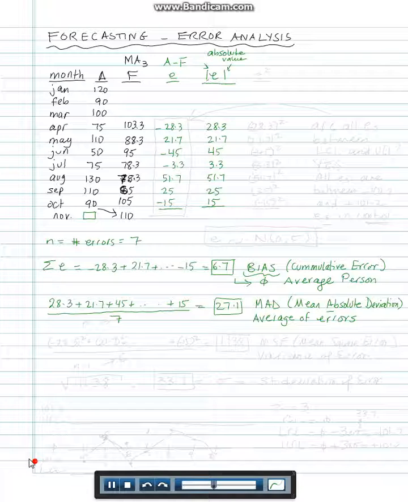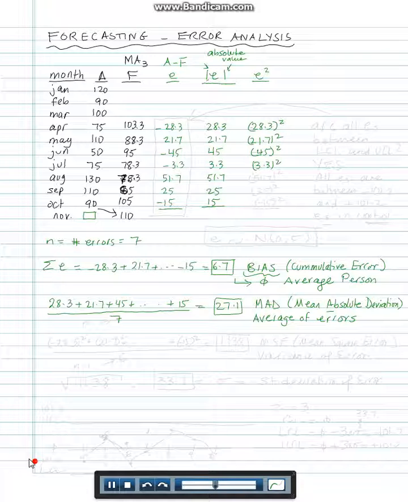Okay, by the same token, average alone is not enough. We need to calculate some form of variance. So we calculate the square of each of these. This is 21.7 squared, 45 squared.